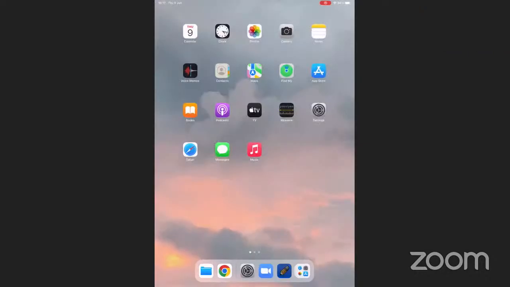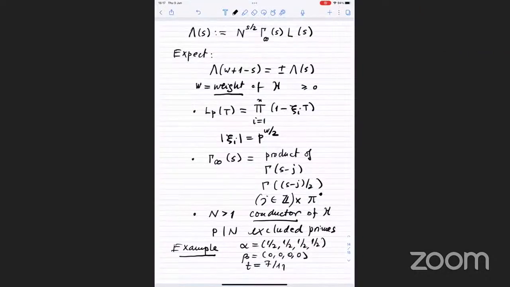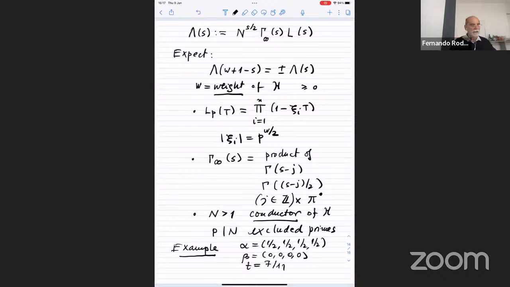I'm just wondering, how did you know to choose that particular T? That's a good point. Roughly speaking, the primes that are bad, for that example, include certainly 2, because it is in a denominator of one of the alphas and betas. Those are going to be really bad.